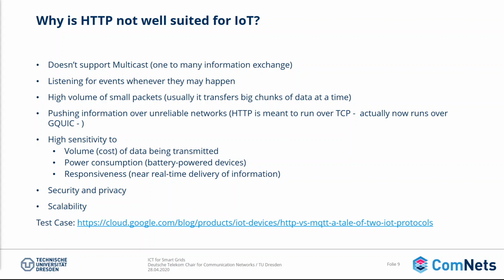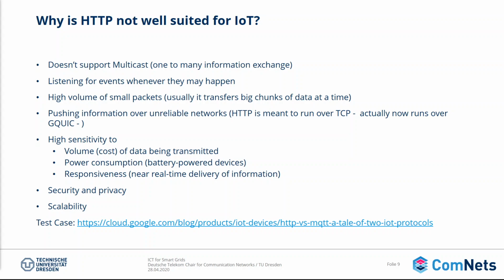Similar to point 2, IoT requires pushing information over unreliable networks, while HTTP is actually meant to run over TCP, and this is quite not optimal for IoT. Another thing is that IoT is usually highly sensitive to power consumption because of the battery-powered nature of the devices.